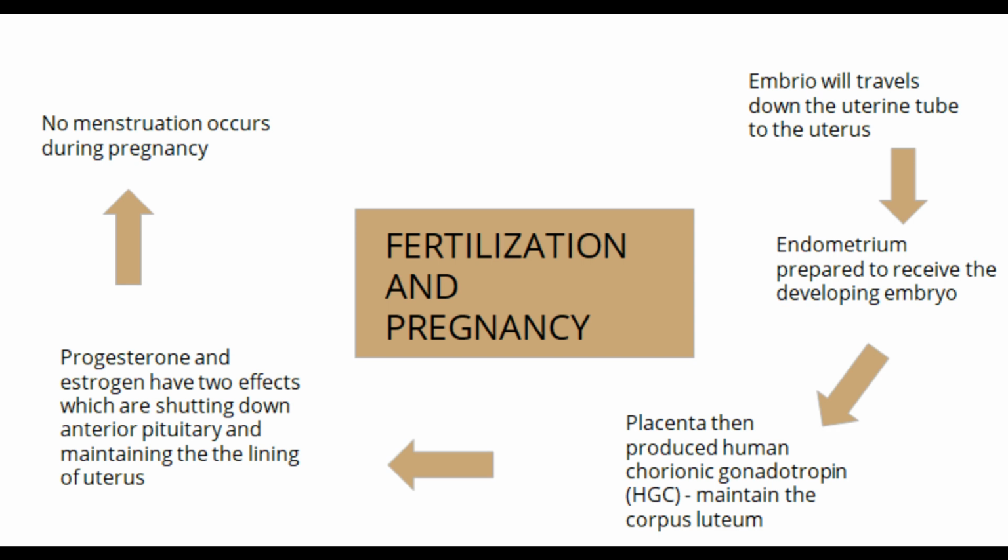So it's the same as I said earlier, menstruation will not occur. So the last one will be menstruation. No menstruation will occur during pregnancy because of the level of progesterone, estrogen, and also the effects that happen during the development of the placenta.